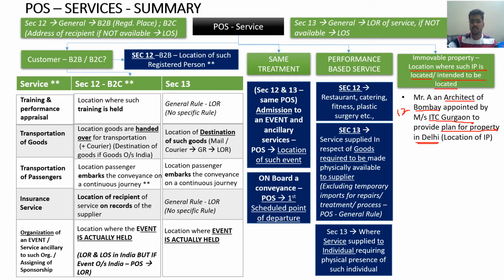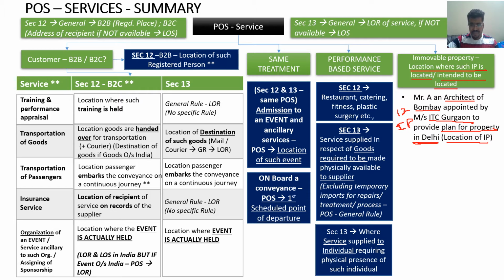So what is the service we are dealing with? Architect, which is directly in relation to immovable property. So what is the place of supply for services directly in relation to immovable property, my friends? The place where it is located or intended to be located. So here the property is intended to be located in Delhi. So what will be the POS? Delhi, which is the location of the immovable property.